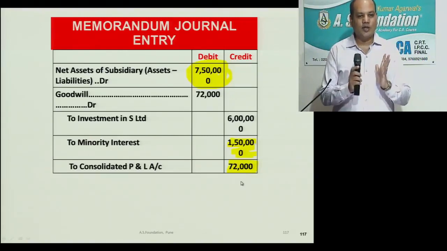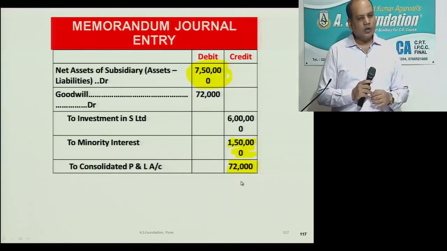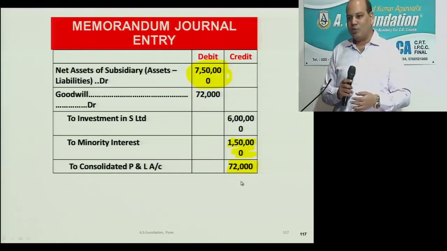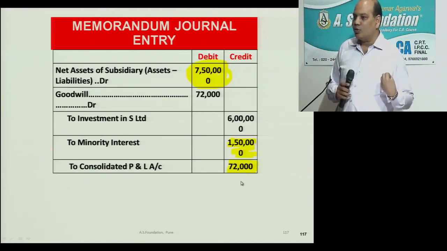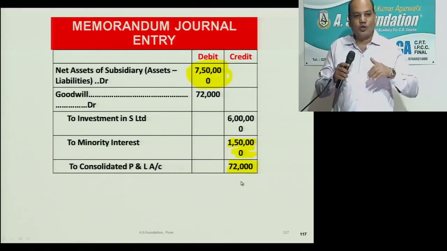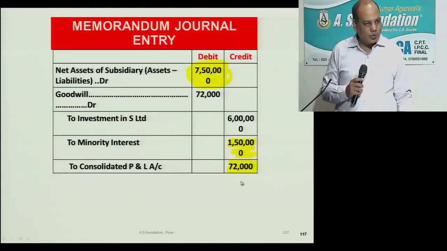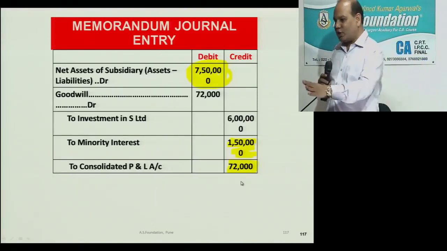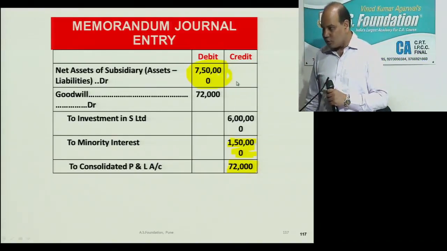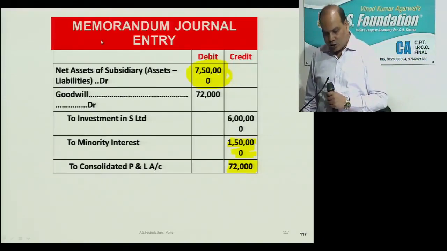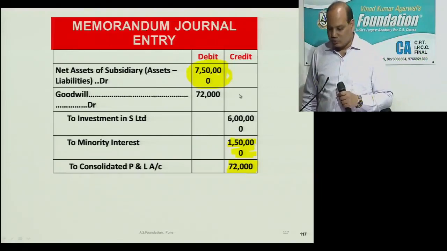It is only a concept, created only in the process of consolidation, because these are two different entities. We do not maintain books of account for consolidation purposes. We maintain only separate books of account of the parent company and separate books of account of the subsidiary company. This entry is passed to give the effect of consolidation. Hence, all entries in this chapter are memorandum.